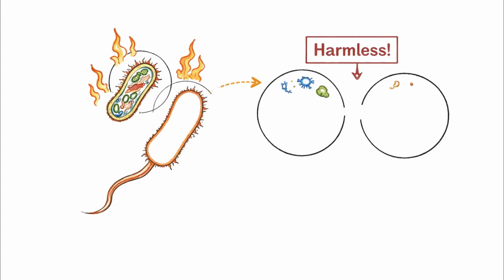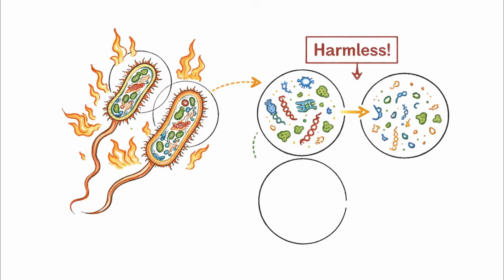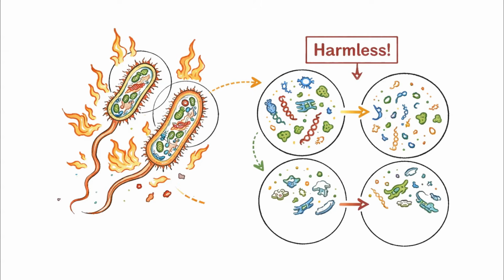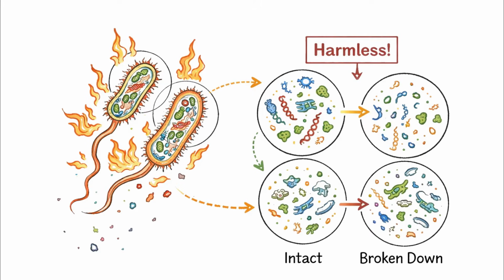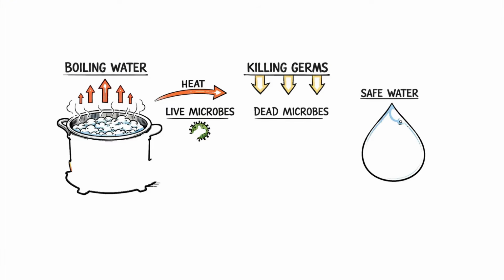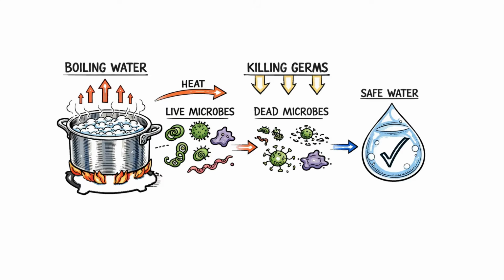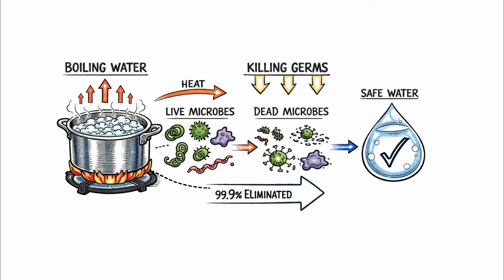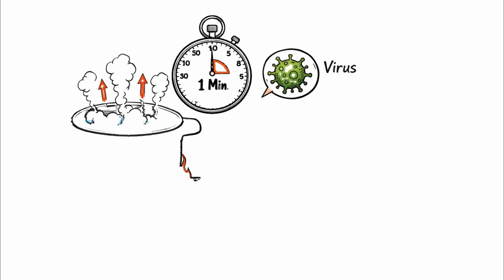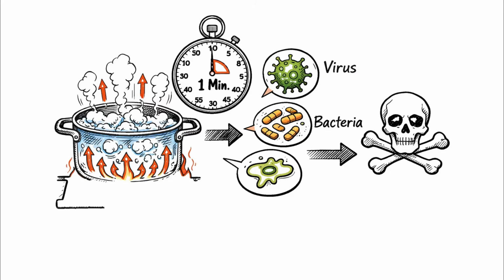Boiling water is indeed remarkably effective against these biological threats, providing a highly reliable method for eliminating the vast majority of living microorganisms present. Scientific studies and extensive field research consistently demonstrate that maintaining a vigorous rolling boil for just 1 single minute is more than sufficient. This simple action is enough to effectively kill an astounding 99.9% of all living things present in that water source.